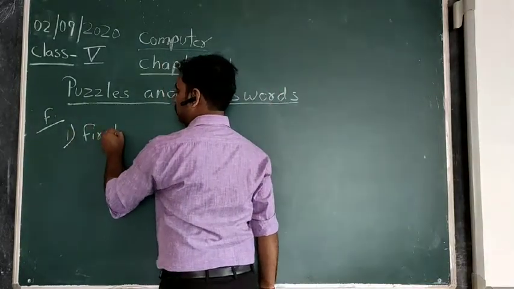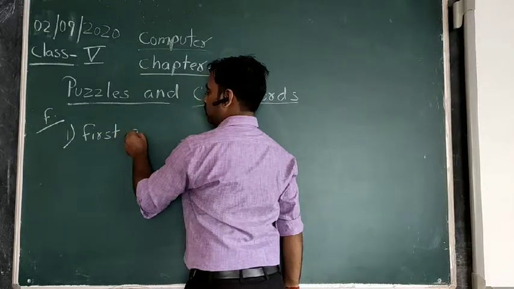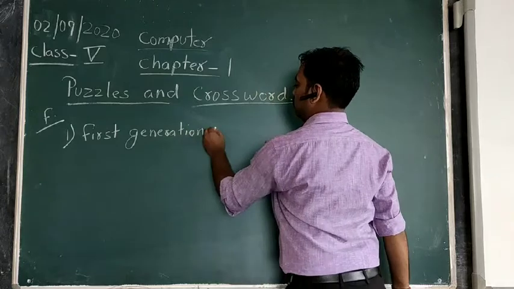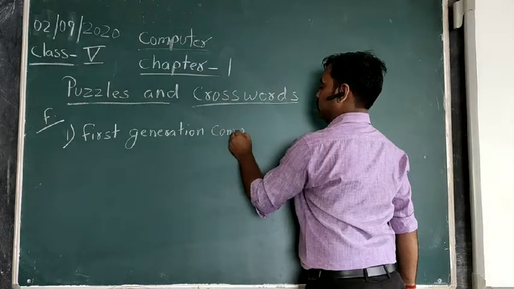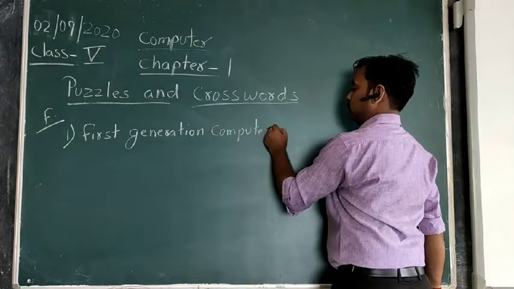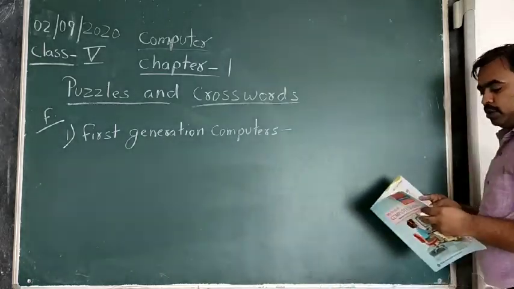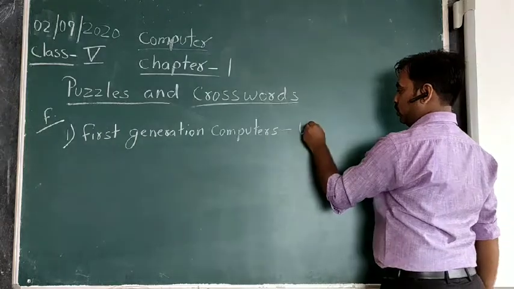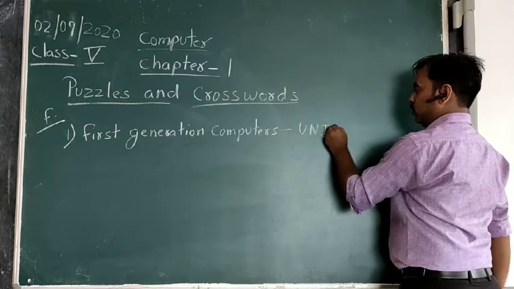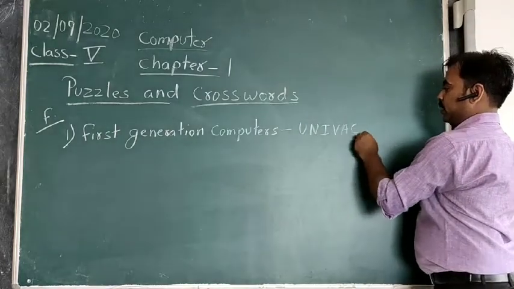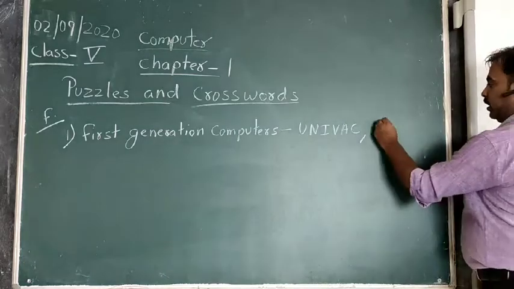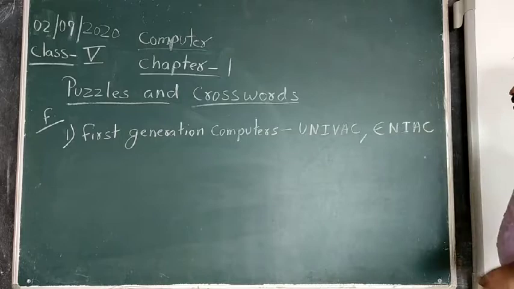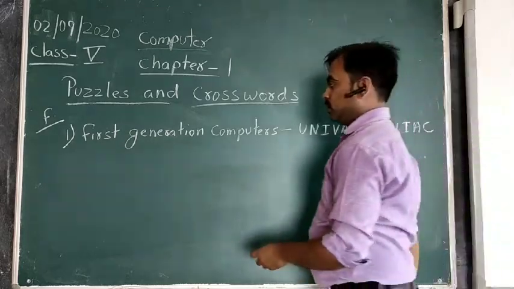The first question was first generation computers, and the correct answer is UNIVAC and ENIAC.